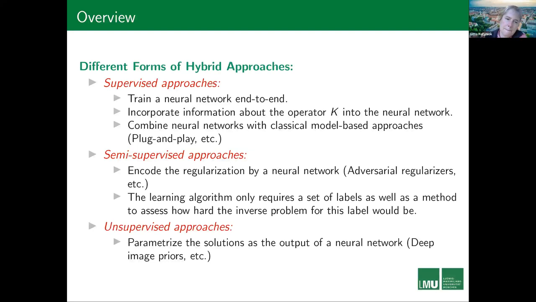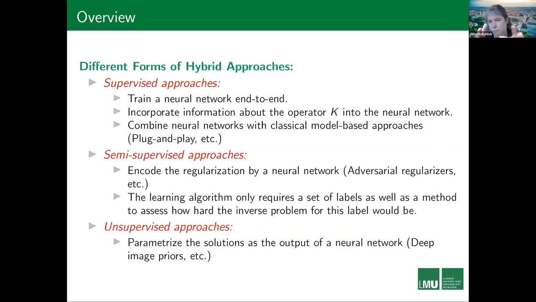And then unsupervised approaches. One approach which is very interesting and which we also discuss in the end is the deep image prior, where you parameterize the solution as the output of a neural network, and there you actually in a certain sense don't even train the neural network. The neural network is used in its purest form to some extent.